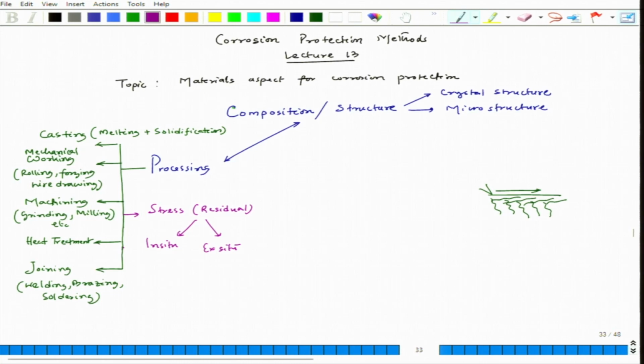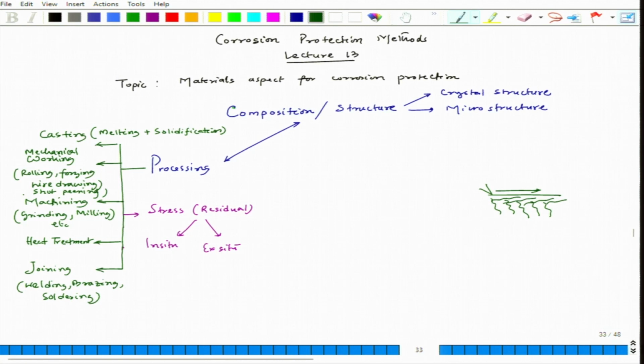There we can have this shot peening in the mechanical working. Shot peening actually introduces compressive stress, and that compressive stress can prevent corrosion fatigue related failure. So, that means it improves the corrosion protection.